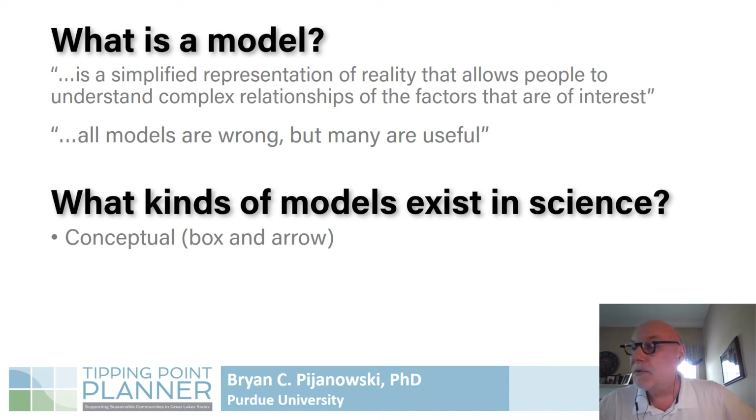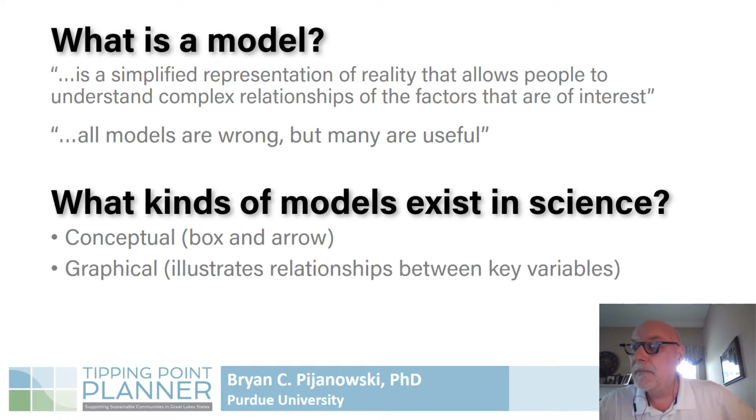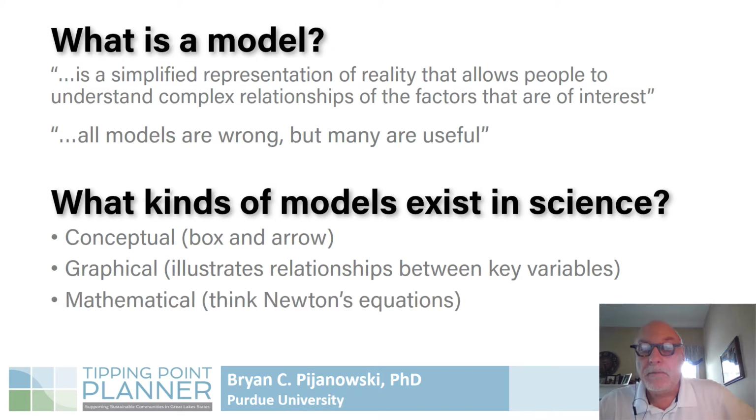These include conceptual. These are outlining the relationships between main components in a system using box and arrow diagrams. A second is graphical. These illustrate the relationships between key variables in a system. Mathematical. These are probably the most famous kind of models.